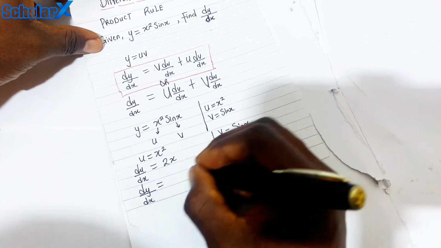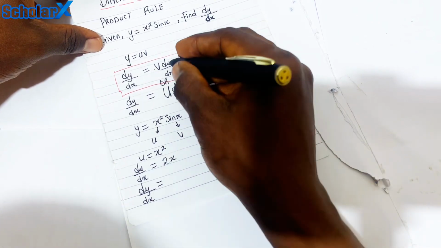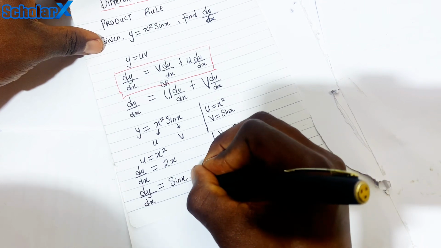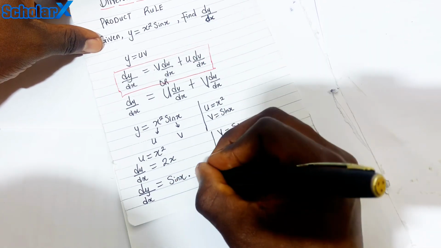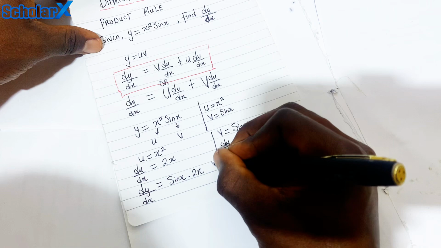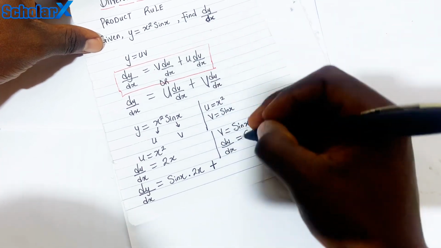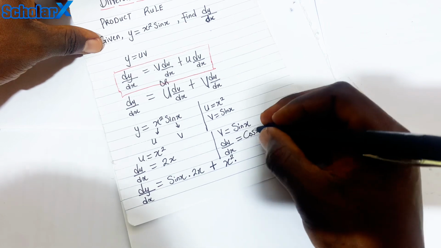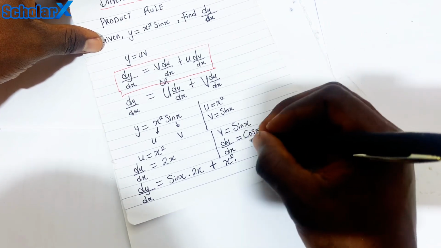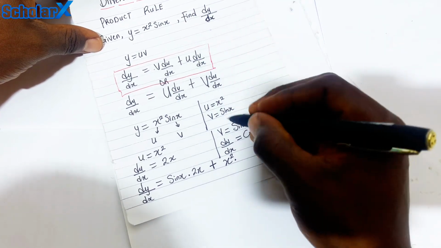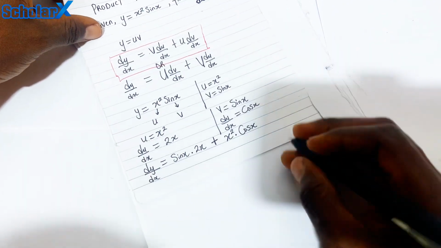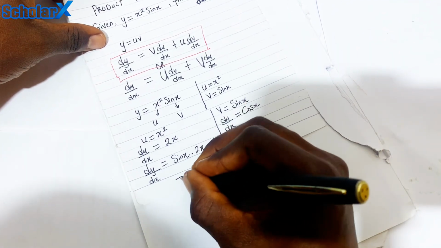So dy/dx is going to be equal to v du/dx, that's sine x, multiplied by du/dx, which is 2x, plus u dv/dx. What is u? u is x squared, multiplied by dv/dx, which is cos x.